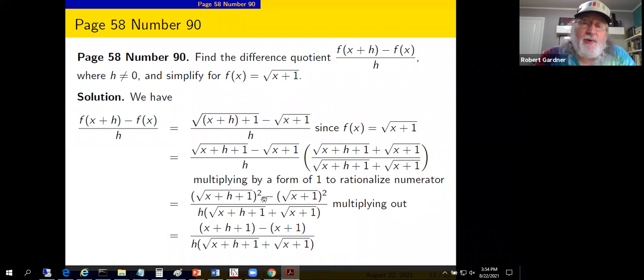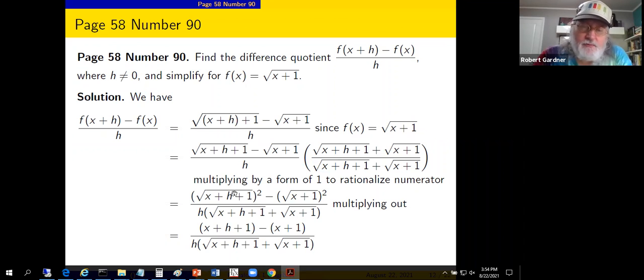We've got the square root squared. That just produces the quantity x plus h plus 1. Square root squared. That just produces x plus 1. I've been insistent that you treat square roots and squares with the appropriate respect. Sometimes you get absolute values. This isn't that time. You get absolute values when you take a square root of something squared. Here we're taking the square of a square root.